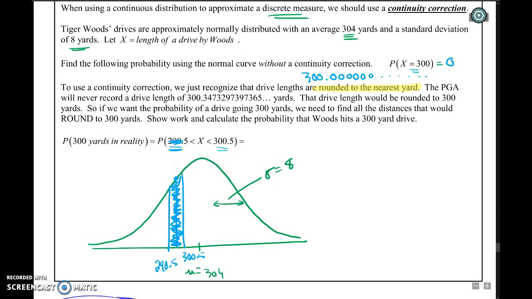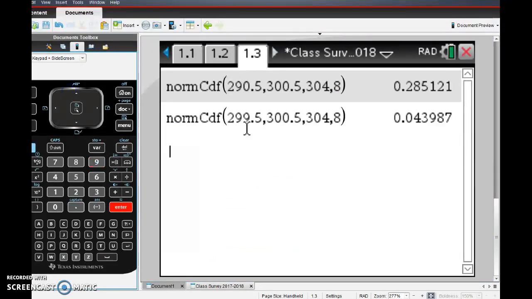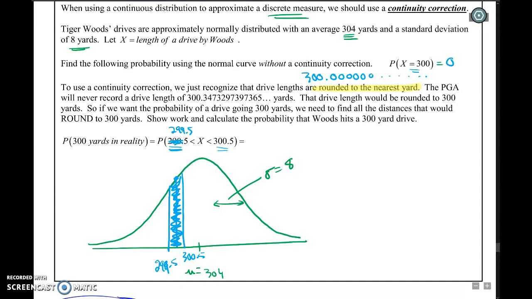This isn't 290, this is 299.5. Those are the values that would round to 300. Oopsie. Let's fix that. 299.5. So about 4.4%, 0.044. So about 4% of his drives are going to round to 300.